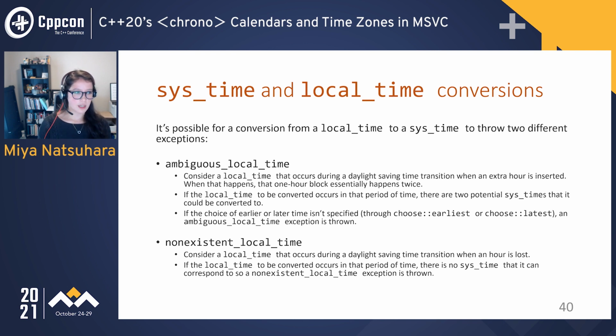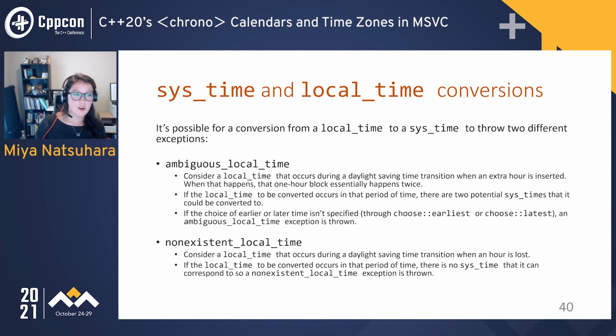So this is typically that fallback daylight saving transition where you get that extra hour of sleep maybe, but everything else in the world is kind of messed up. So when that happens, you get that extra hour inserted. That 1 hour block basically happens twice. That 1 hour block, if it starts at 2 a.m. to 3 a.m., that 2 a.m. to 3 a.m. block happens 2 times because you get that extra hour inserted.